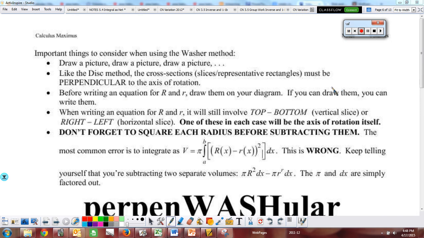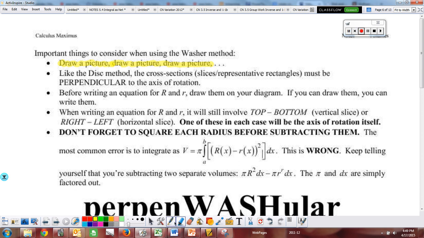All right, let's wrap up where we are with the washer method. Important things to consider: always, always, always draw your picture. And the picture is what's really going to help you set up the situation. Your cross sections must be perpendicular to the axis of rotation, perpendicular.